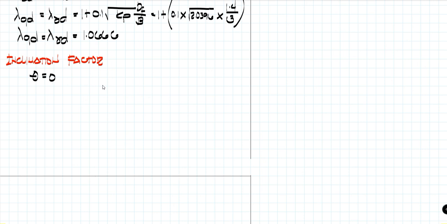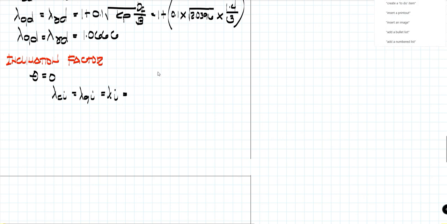And having a theta equivalent to 0, all the inclination factors, which are our lambda CI, lambda QI, and the lambda gamma I will be equivalent to 1.0.